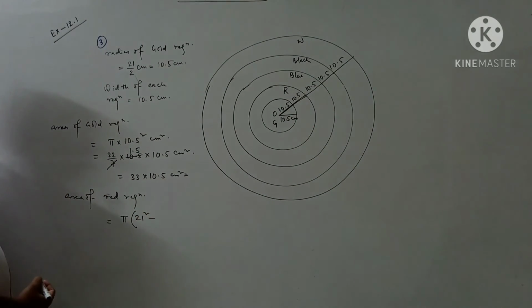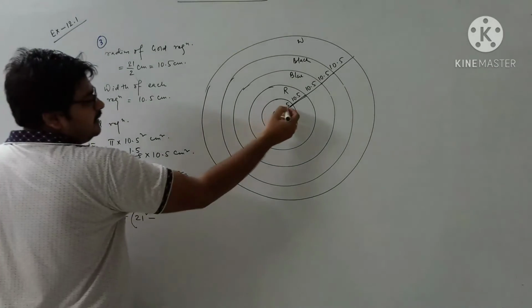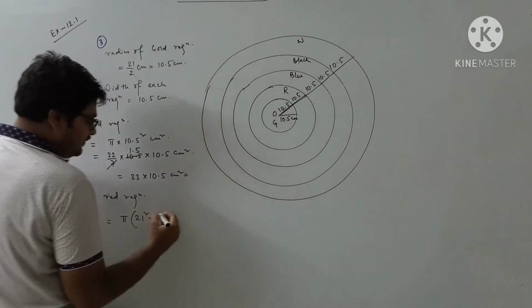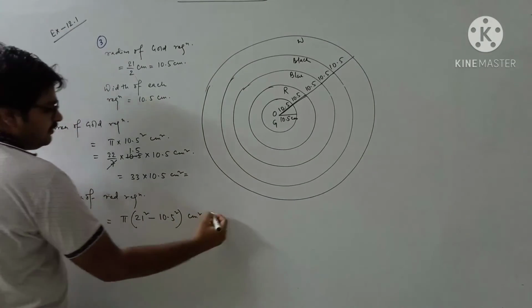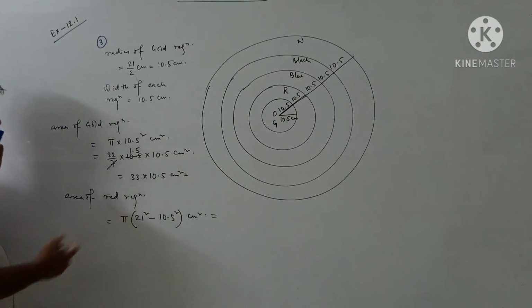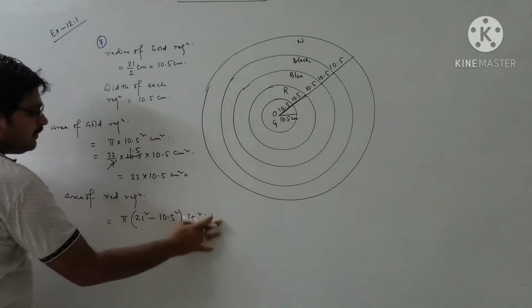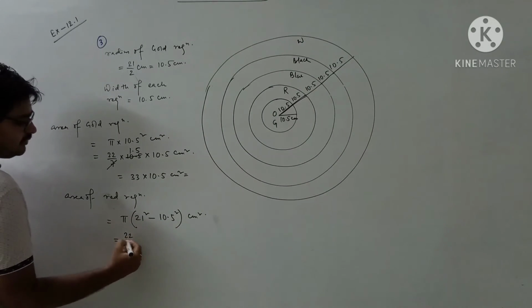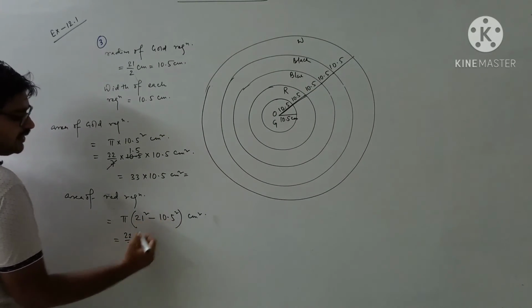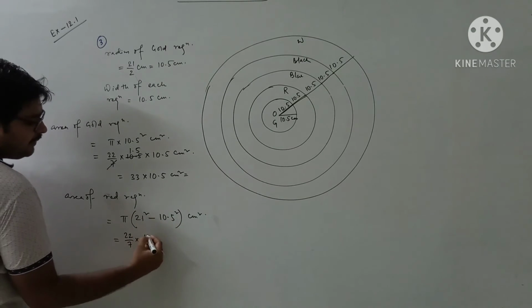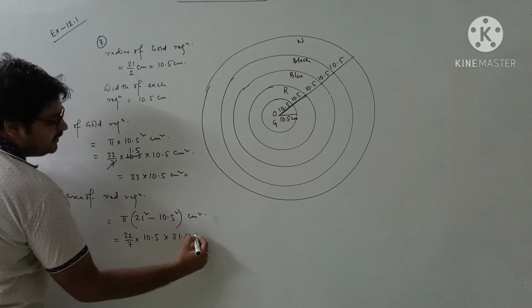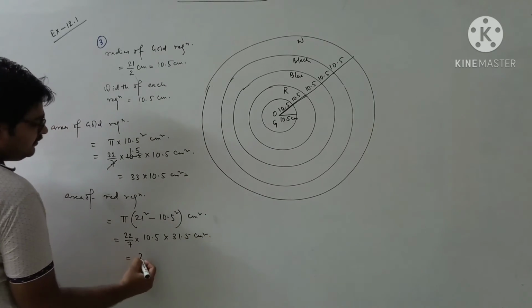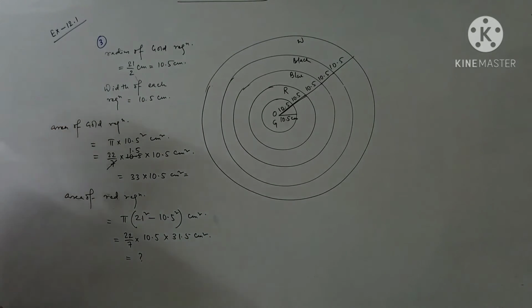Minus this radius, 10.5, square centimeter square. If you can solve this, you can find the area. Just use the a square minus b square formula. If we apply, a minus b is 10.5 and a plus b is 31.5. Then you can calculate the area of the red region.